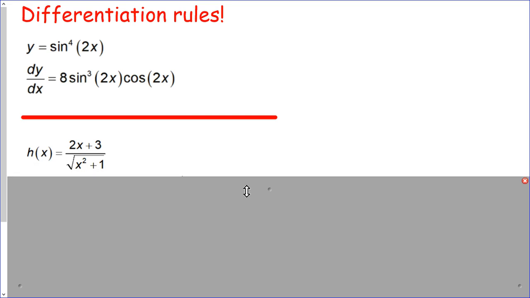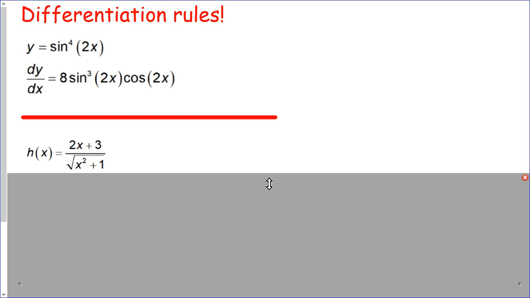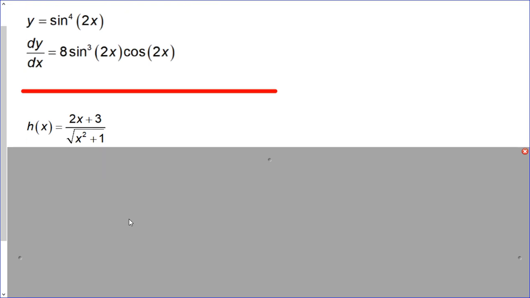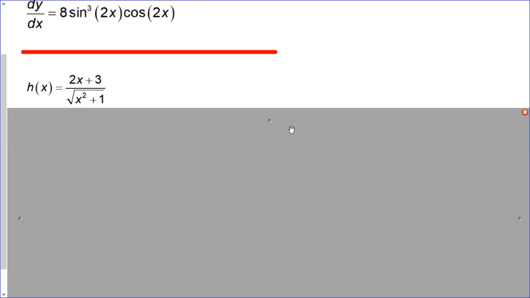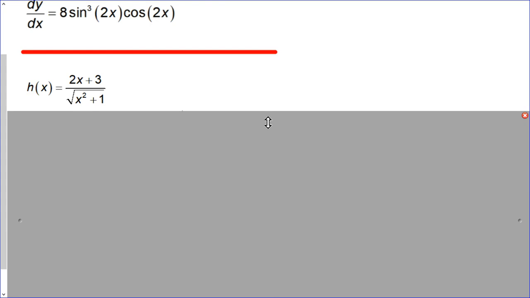Let's look at one last example, which illustrates that you can have some of these rules work in tandem. Fundamentally, this thing is a quotient, and we differentiate a quotient by differentiating the top times the bottom. That's all very straightforward. And we subtract the derivative of the bottom. Now, careful, the bottom is a composite function.